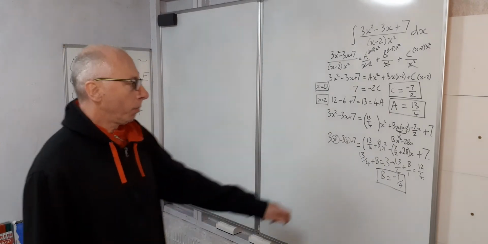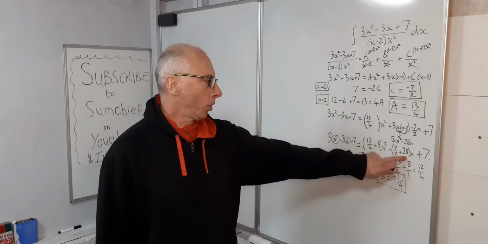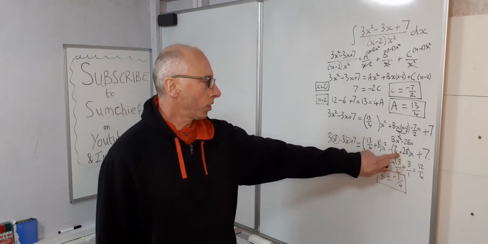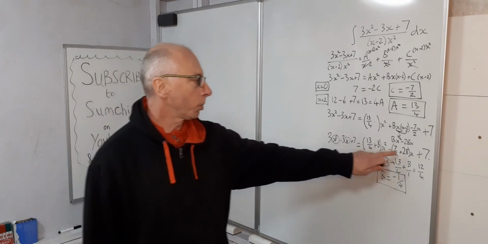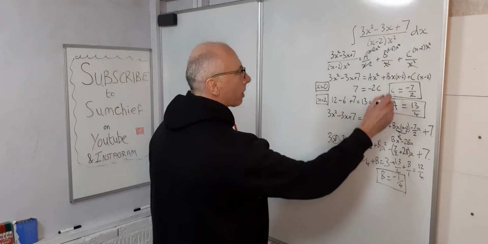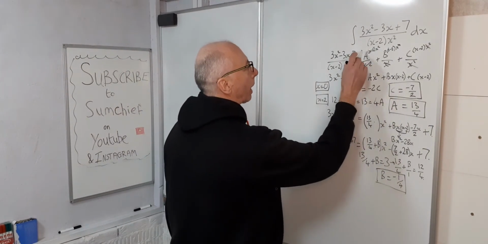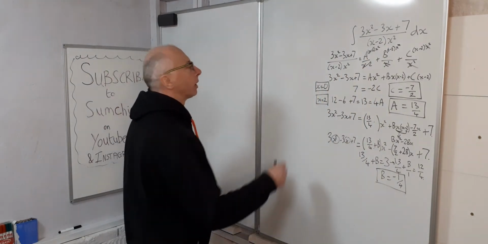Okay, so if you put minus 1 over 4 in here, that gives us minus 2 over 4, which is minus half. 7 over 2 minus half gives us 3, hence we got the right number here. So we've double checked, so we know we got the right number. So now we know our a, b and c values. We can go back to this bit as the integral and see where we get to.